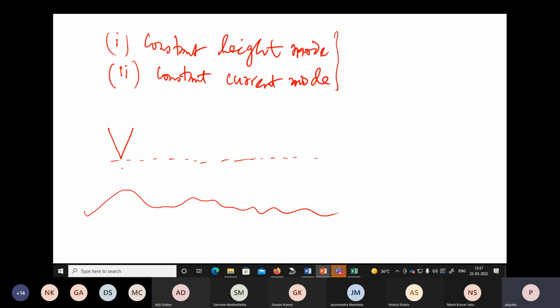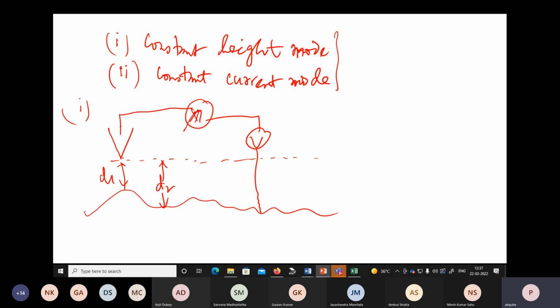Say here the distance between the tip and the surface is d1, here it may be d2, and so on. Depending on the distance between the surface and the tip, your current is going to change. You are not changing the height, you are keeping the height constant, and you are scanning the surface with the tip.